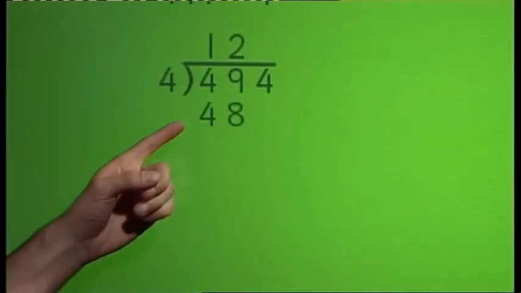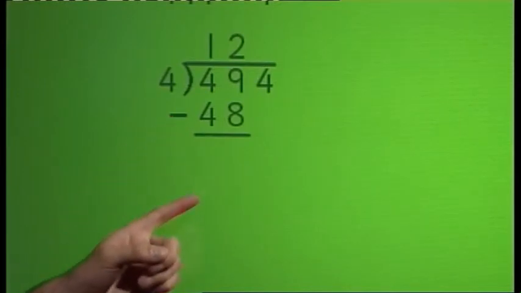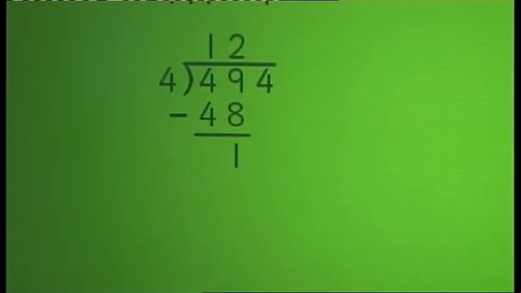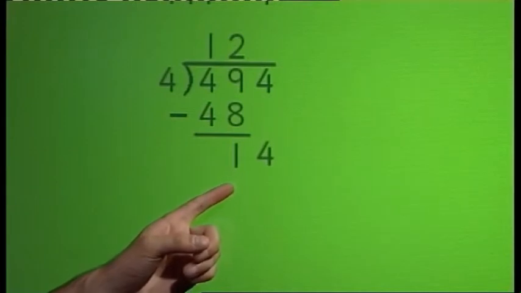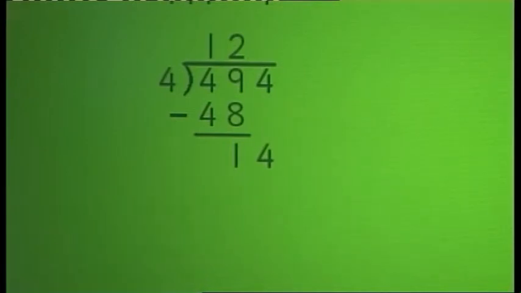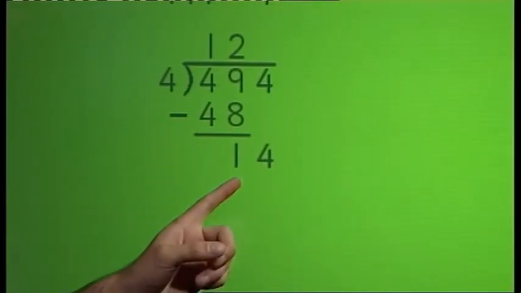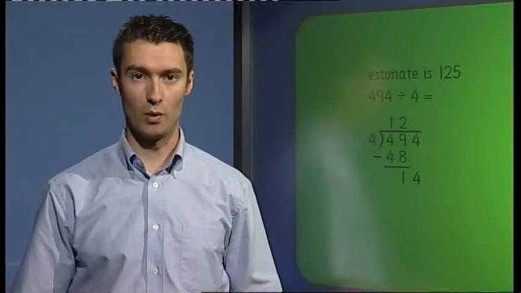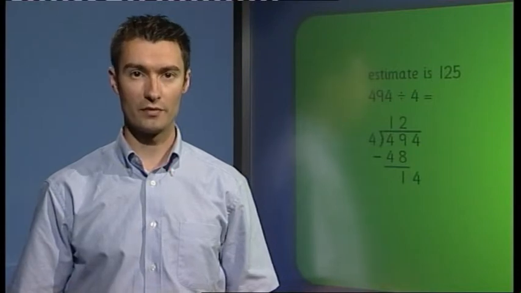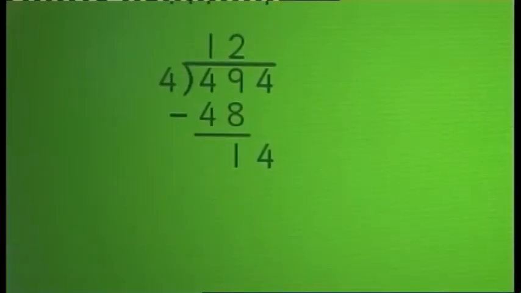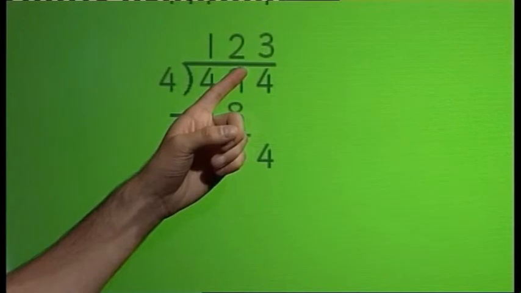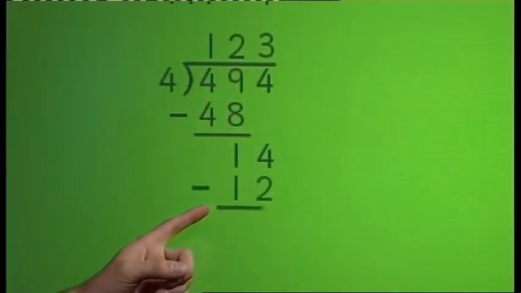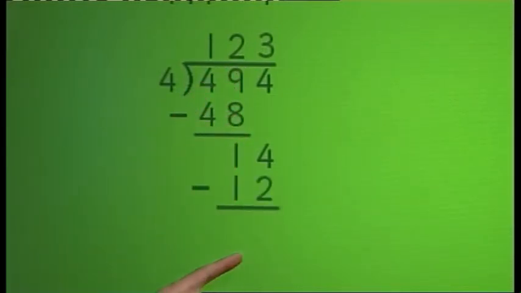Now we take the 48 away from the 49, that gives us 1, and then we bring down the 4 to make it 14. So, how many 4s are there in 14? Well, 3 times 4 is 12, so there are 3 4s in 14. We put the 3 in the units column, and we take 12 away from 14, which leaves 2. And that is our remainder.